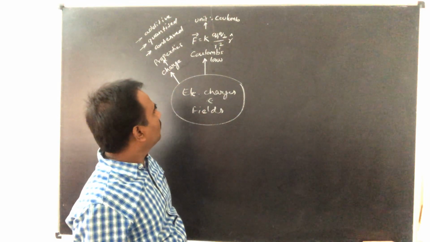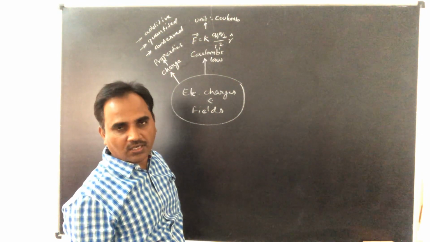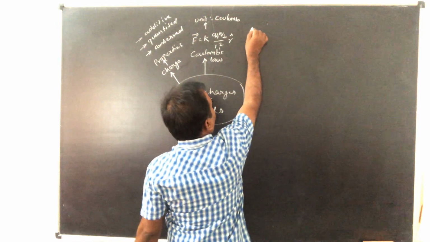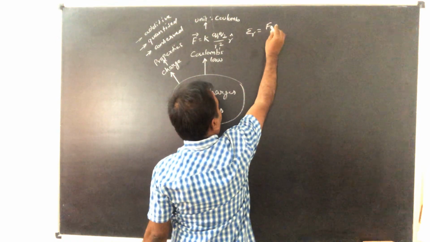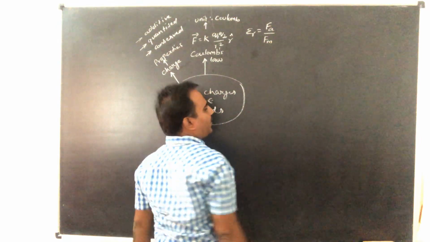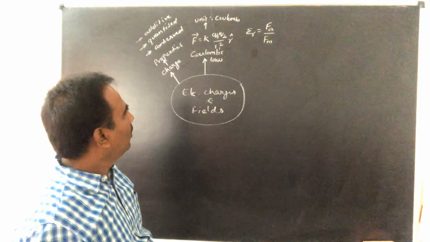And also, in terms of this Coulomb's law, you define the dielectric constant or relative permittivity of medium. That is, this epsilon r is equal to force between 2 point charges in air divided by force between the same 2 point charges separated by the same distance in a medium.